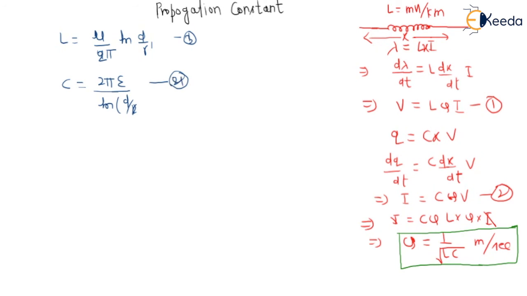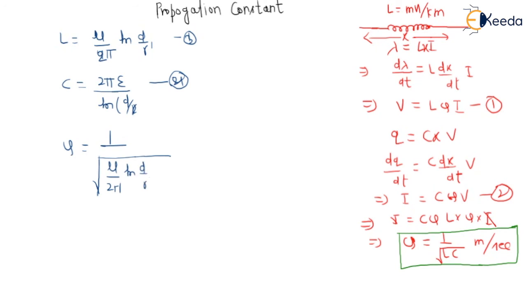So when we put the values of L and C in v is equal to 1 upon under root LC, v is equal to 1 upon under root of mu upon 2 pi ln d by r dash, times 2 pi epsilon upon ln d by r.